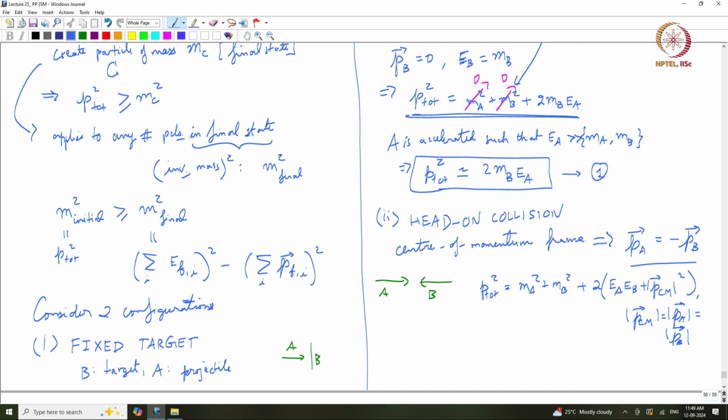Okay. So, this is not terribly enlightening yet, but if we again go to this limit where the energy of the A beam is much larger than the mass of the A species, and similarly for EB is much larger than MB, in this limit what do I get? I can get rid of MA square and MB square, right.